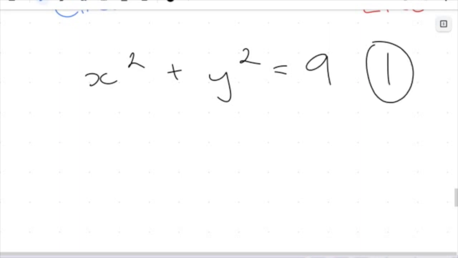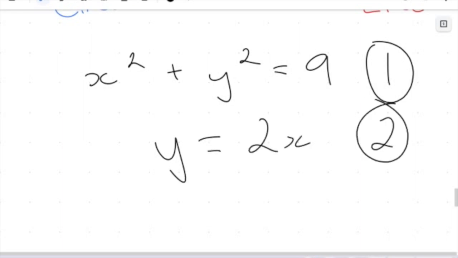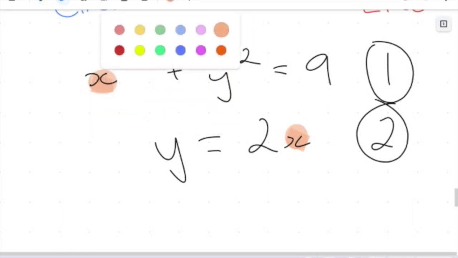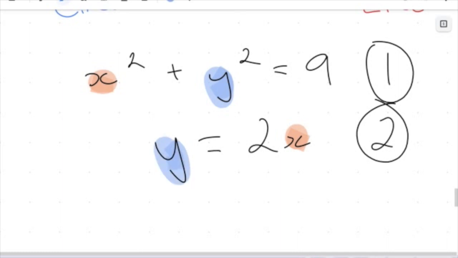We're calling that equation 1. And y equals 2x is my equation 2. Now remember, at these points of intersection, we've talked about this a lot, but just to reiterate, the x values are identical and the y values are identical. They are the same here.